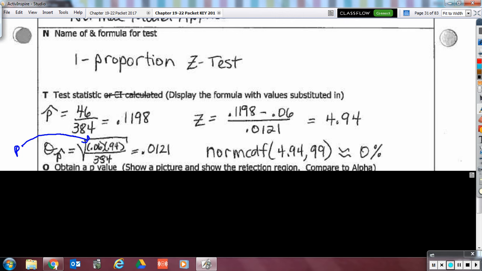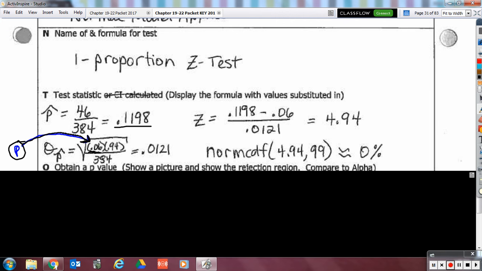I probably should have rounded that to 0.12, but I was being all exact. Since I just wrote down that number, sometimes I put that number in my standard deviation. So be mindful, don't do that. I've had to go back and fix my answer keys because I do that sometimes. Make sure you put true P in here for your standard deviation. Okay? So I got 0.012.